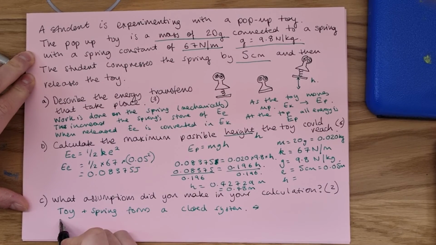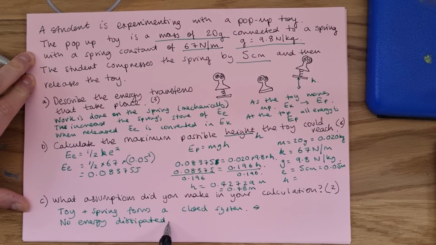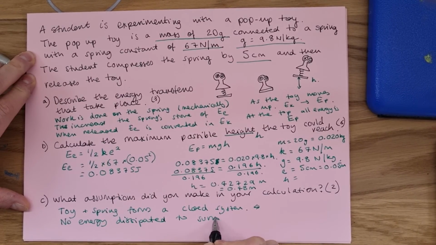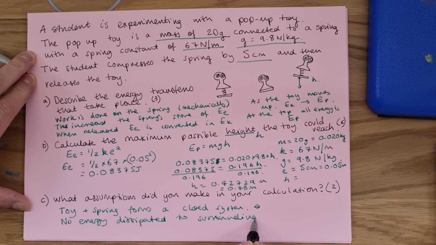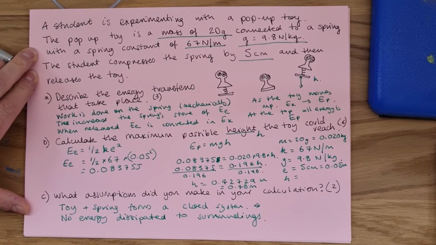Otherwise, I'm saying no energy is dissipated to the surroundings, or like no energy to thermal energy of the surroundings. And I'm going to say that I've assumed that it's 100% efficient.